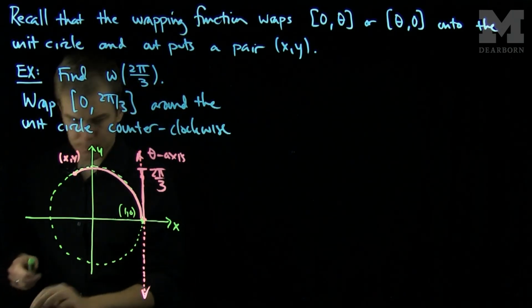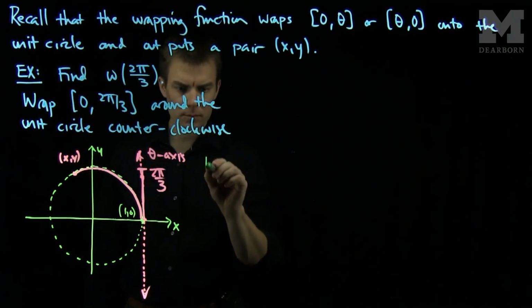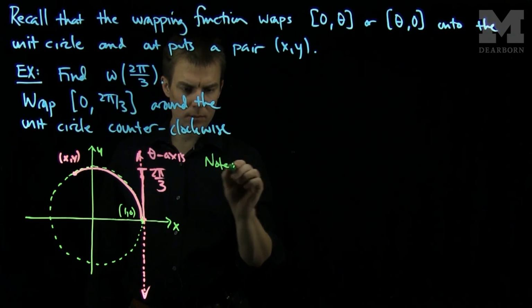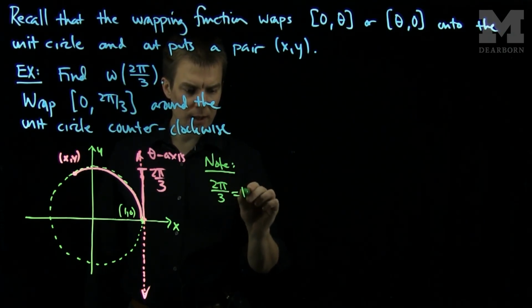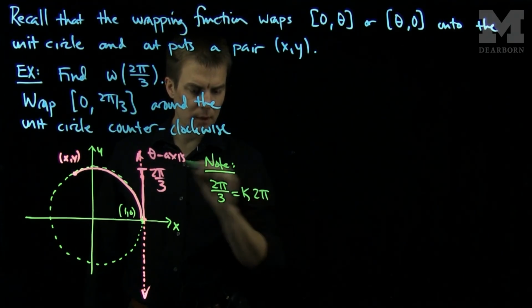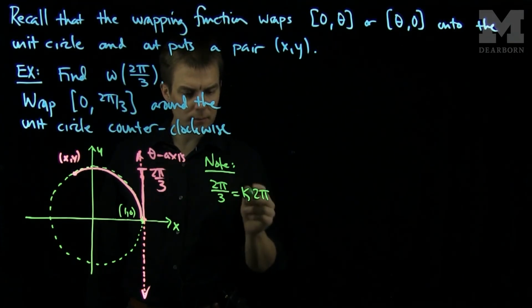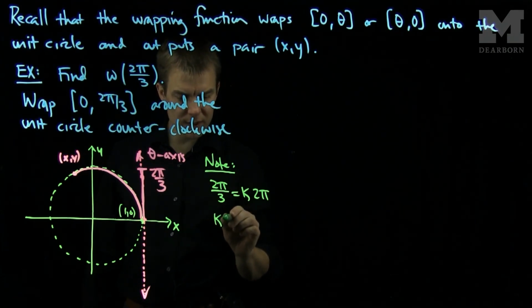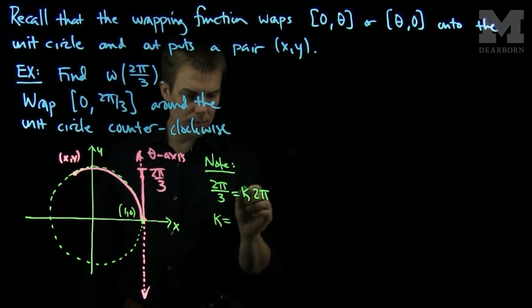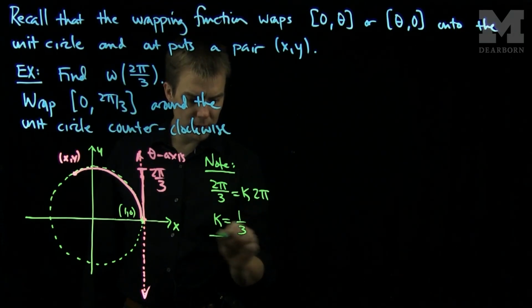So we note 2 pi over 3 is some multiple k of 2 pi. And we can find out what that multiple is. In fact, solving this equation, we see that k is equal to 1/3.